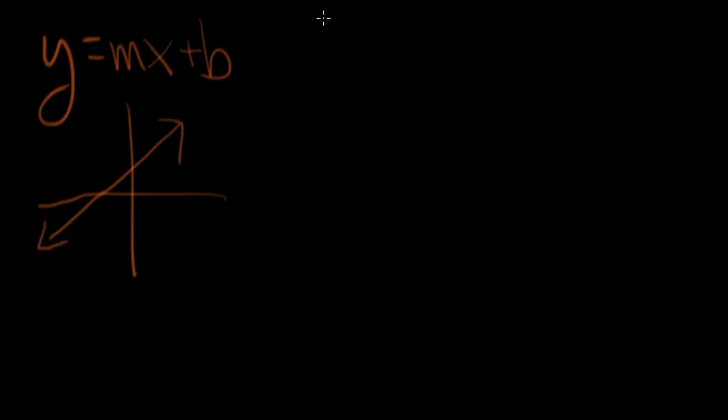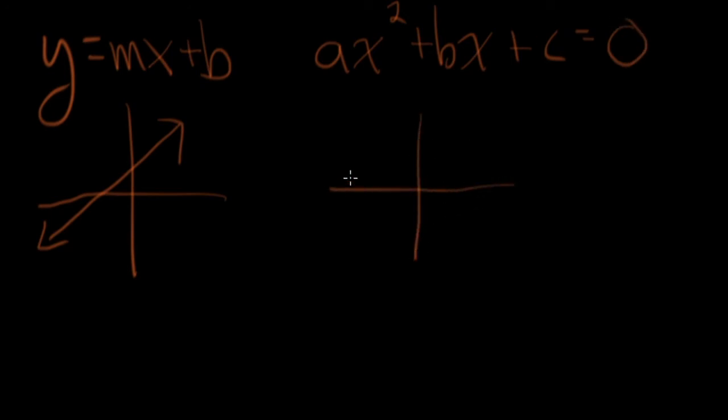Now we're looking at things that are ax squared plus bx plus c is equal to 0. And this is where we get those U-shaped parabolas.